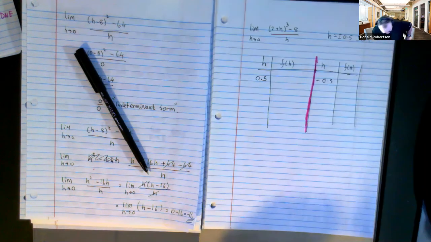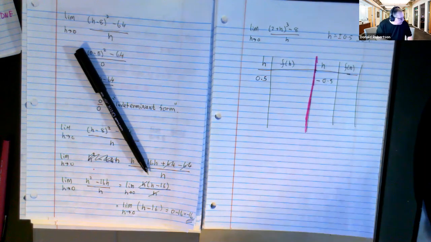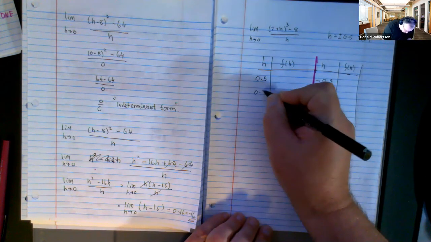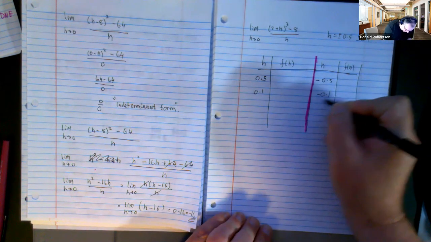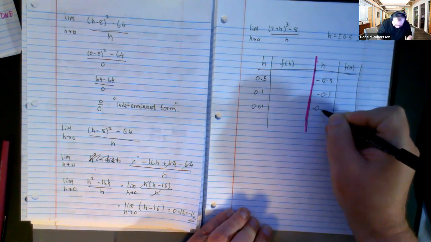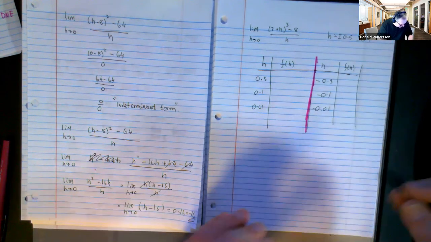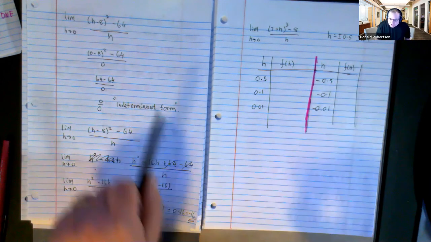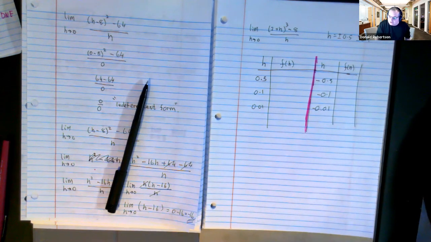Now, there are two ways in which you can do these tables. If you do them as individual calculations, they will take you forever and a day. So what you can do instead is use a nice feature on the calculator called table.